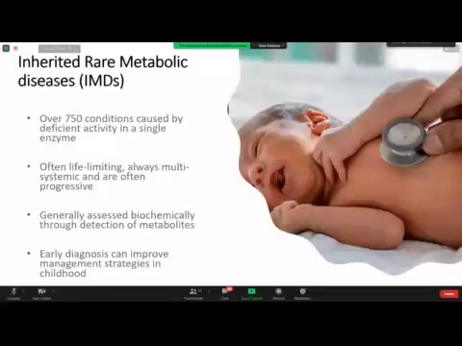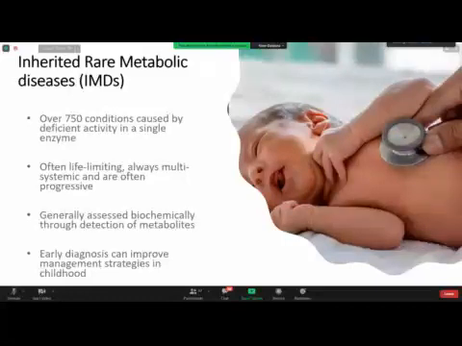Of course, these are quite life-limiting conditions, because if there is no enzyme for a certain metabolism or certain breakdown of one product, it is going to accumulate, and later, of course, we know that it is going to be lethal for the child. And so that's why we have a lot of neonatal deaths in inherited metabolic diseases.